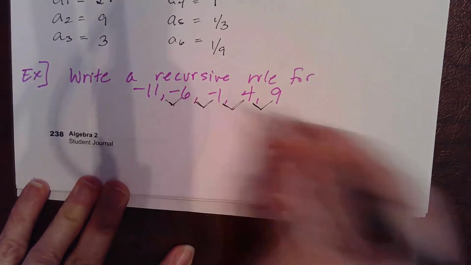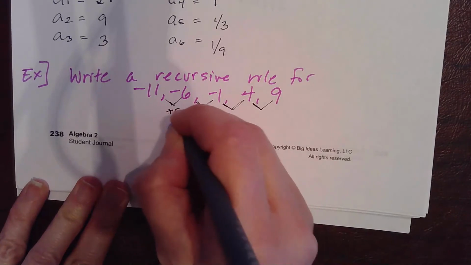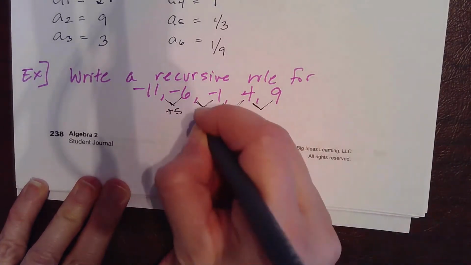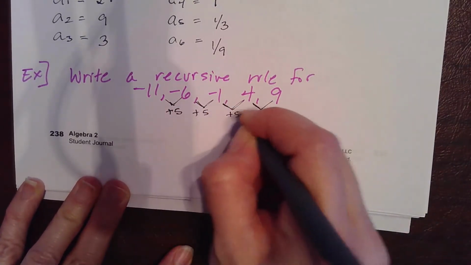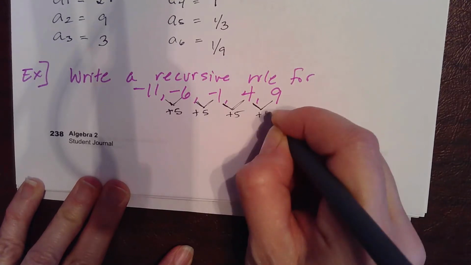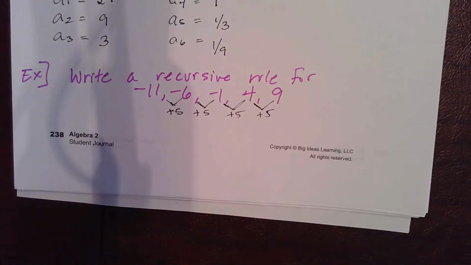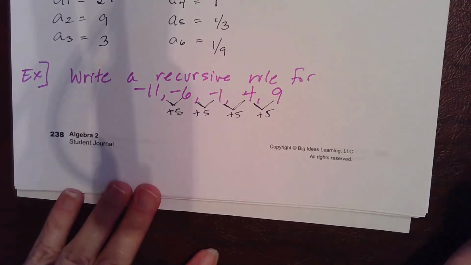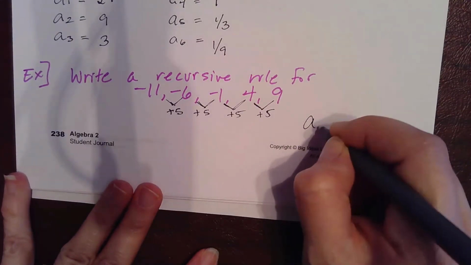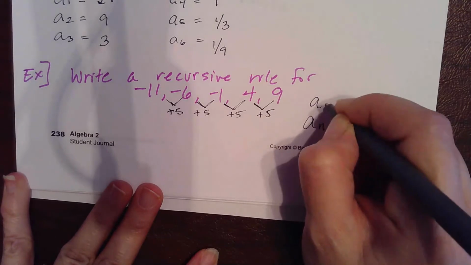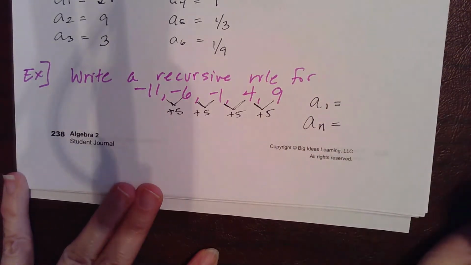If you notice, from -11 to -6, I'm adding 5. From -6 to -1, I'm adding 5, I'm adding 5, I'm adding 5. So this tells me this is an arithmetic sequence. If I'm going to write a recursive rule, I'm going to write a sub n, but I also have to have a starting value.